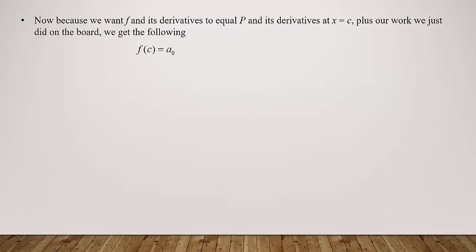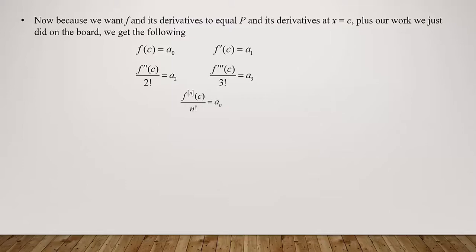And when we do that, we just had f of c equals a sub 0. We had f prime of c as a sub 1. f double prime of c over 2 factorial, that's what a sub 2 is. f triple prime of c over 3 factorial, that's a sub 3. And the nth derivative evaluated at c divided by n factorial is equal to a sub n.